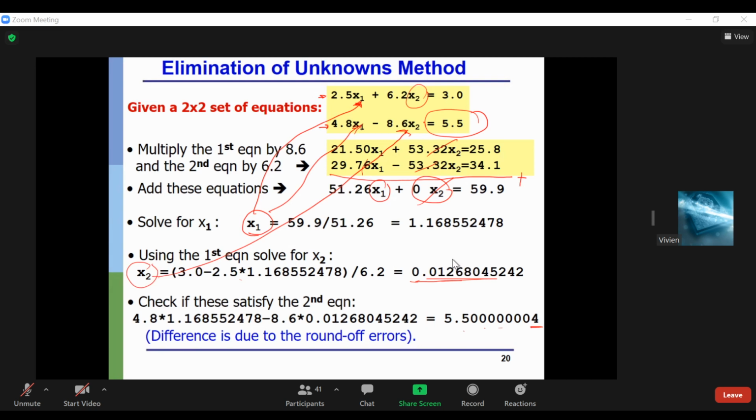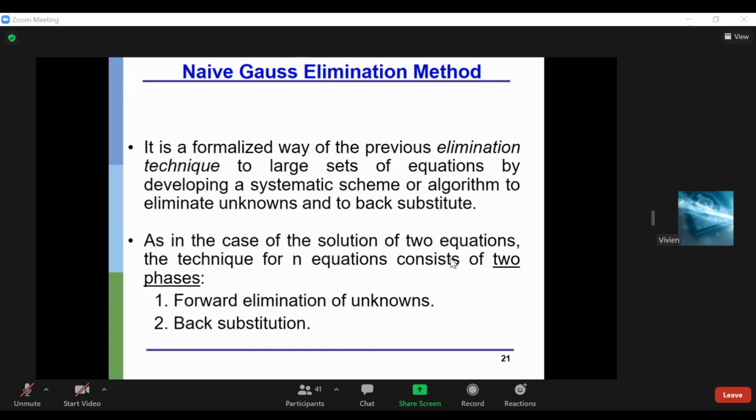Now, this becomes the basis for Gaussian elimination. So now we will talk about Gaussian elimination, and this is called naive Gaussian elimination because we will work on the matrix as it is shown. We will do the same thing that we have in the elimination method, but now we will work on the matrix.